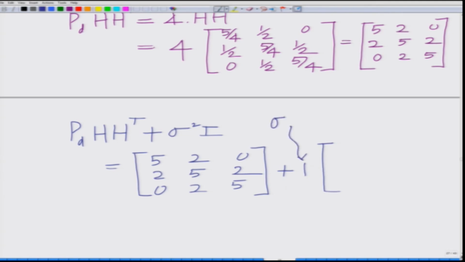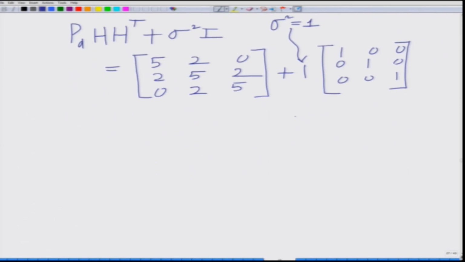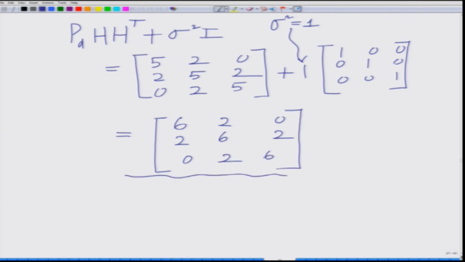Remember, we have derived earlier sigma square is 0 dB, which is equal to 1, times the identity matrix, which is equal to 6, 2, 0, 2, 6, 2, 0, 2, 6.